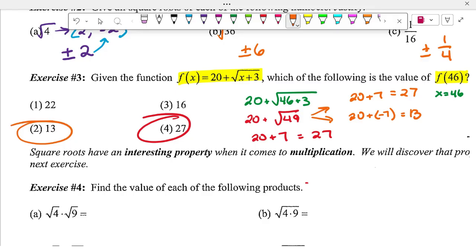So technically, 27 or 13 is correct. On a test, which one would you choose? In this case, since the plus was already here, I would have defaulted to the positive one. But just know that occasionally they may ask you for both answers, so you just gotta split it up. I'm just showing that you can get either one, depending on if you break up the plus or minus.